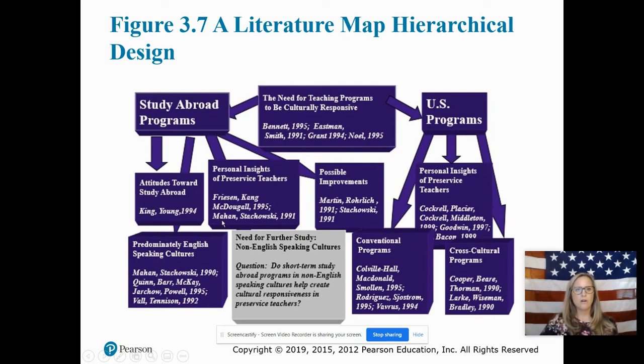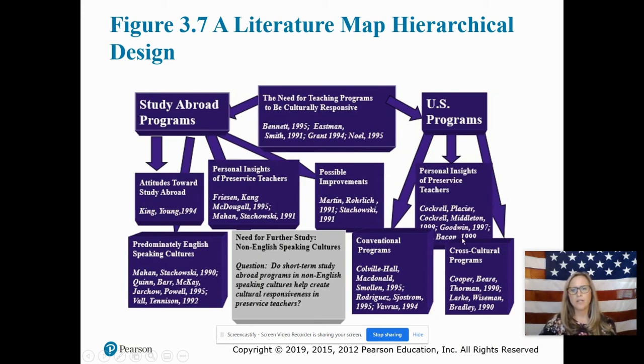Then you have all these key themes that you discovered as you read all of these journal articles. So, attitudes towards studying abroad, that was from King and Young, 1994. Then you have right here personal insights of pre-service teachers, and you have two different articles that fit under that theme for the study abroad programs.